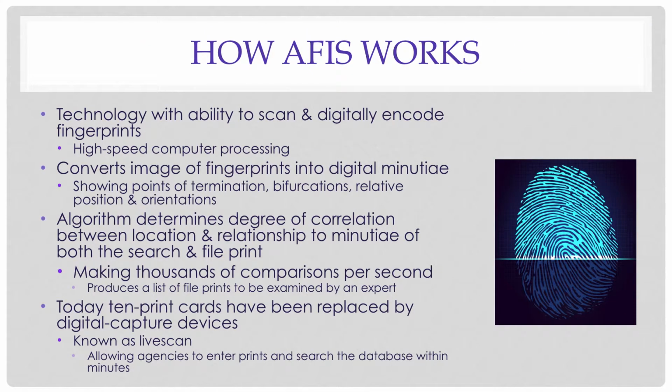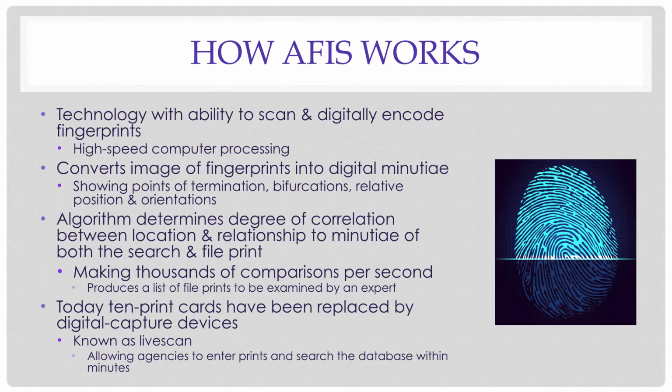But the way that AFIS works is it's technology with the ability to scan and digitally encode fingerprints. It's a very high-speed computer process, so it speeds up the process of doing a point-by-point comparison of everything on file.